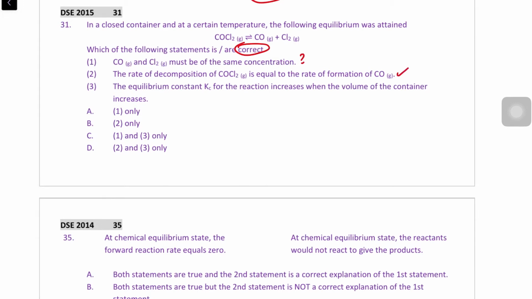This is correct because their mole ratio is 1:1, so their rate of decomposition and formation should be the same. Third, the equilibrium constant increases when... again, common mistake, right? Equilibrium constant is affected by temperature only. So the answer is B.